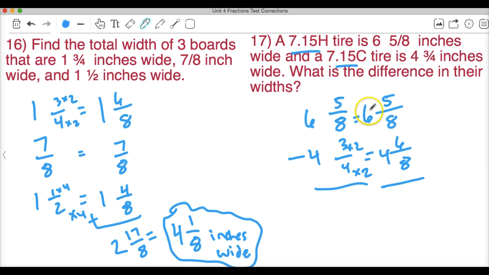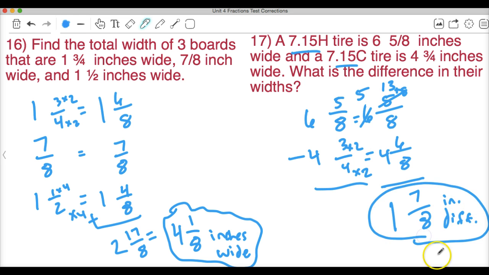So I need to borrow an inch. So this is going to be 5. And since our denominator is 8, I'm going to add on 8 more to this one for a total of 13. So now it's 13 minus 6, which is 7/8. And then 5 minus 4 is 1. So it's 1 7/8 inches different as our answer for that one.